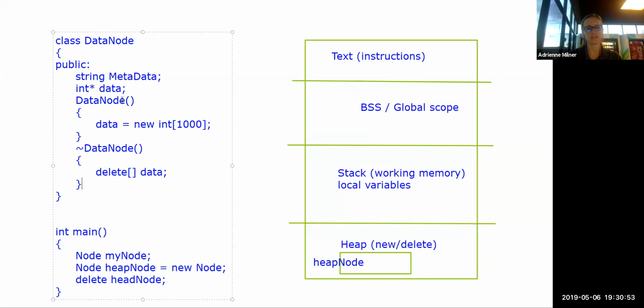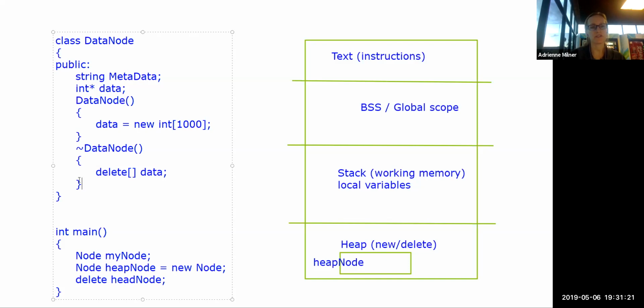The rule of 3 is if for some reason you need to create a destructor, a copy constructor or an assignment operator, you should actually define all of them. In this case, I'm defining the destructor because we need it to deallocate the memory. So then you would go ahead and also look at the copy constructor and the assignment operator. Okay, so I'm going to delete the data in here.